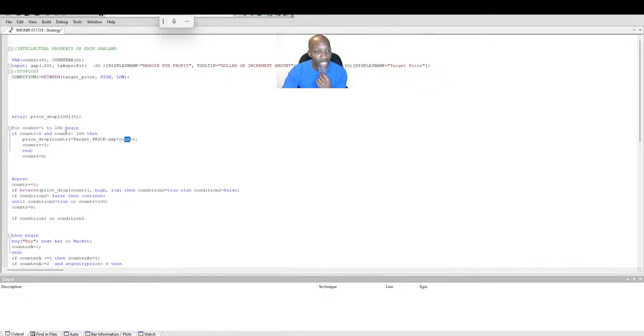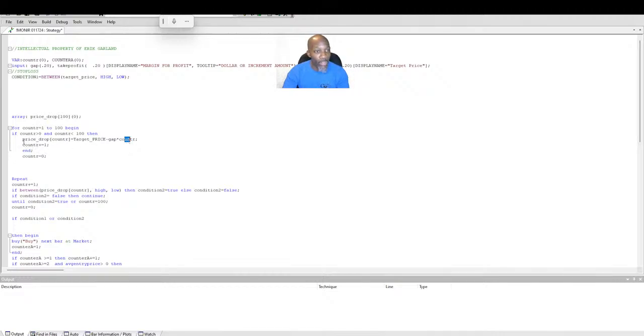So for that first iteration, the counter will be 1. The gap is 20 cents. So you're subtracting 20 cents from 71.20. On the second iteration, counter is 2. Gap is 20 cents. So that's essentially 40 cents subtracted from target price. So you'll be at 61.80. Third iteration, when the counter is 3, it'll be 3 times 20 cents, which is 60 cents, and so forth and so on.